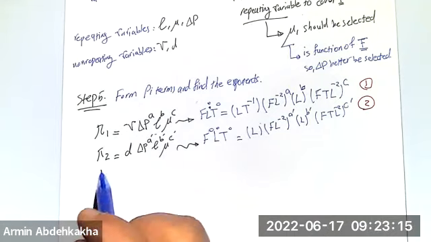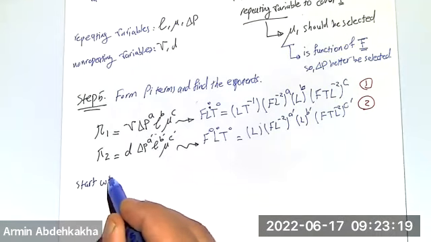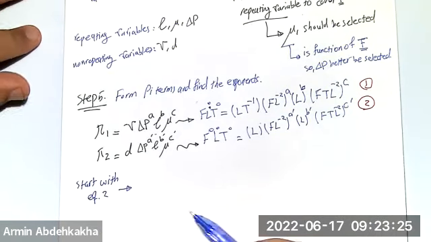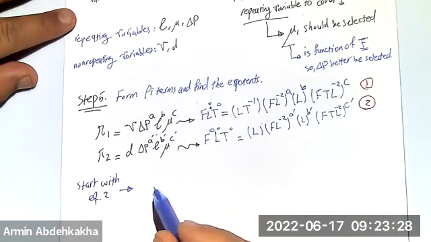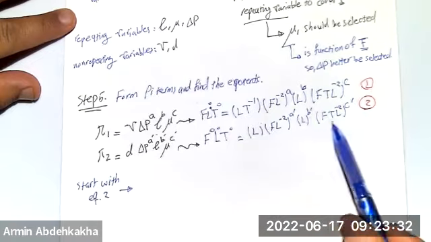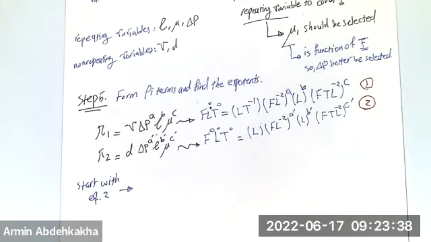I'm going to start with equation 2. There is a reason behind it. Absolutely, you can create 3 equations for F, L, T, then find the unknowns here, right? It's totally okay. It's going to be time consuming sometimes.